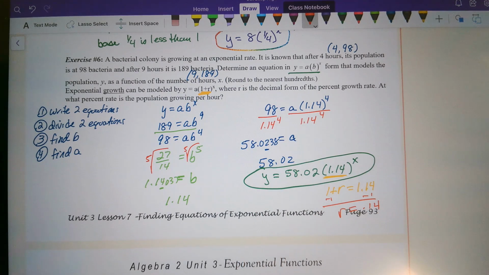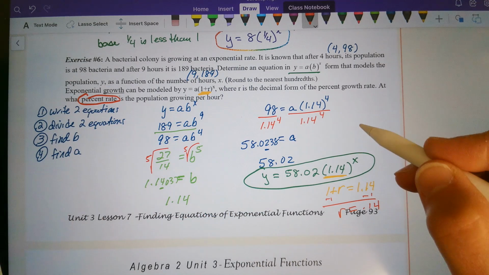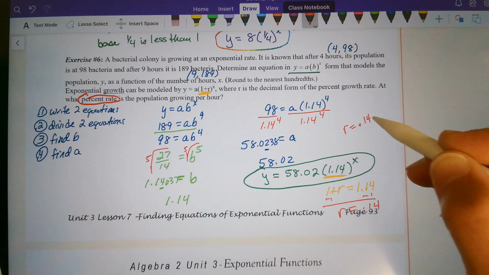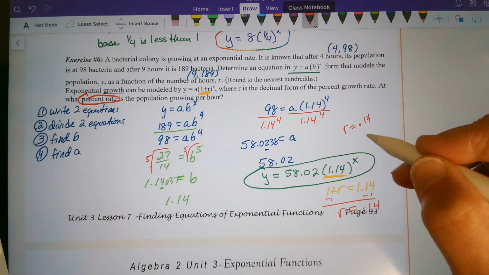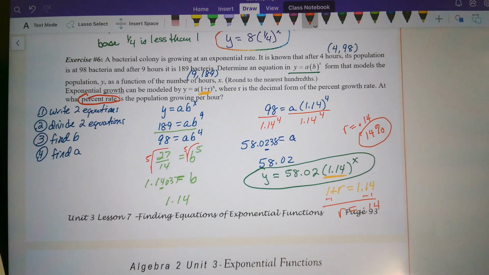R is the decimal form of the percent growth. We want a percent rate though. Okay, so r equals 0.14. 0.14 as a percent is 14%. So we answered both pieces, the equation and then the percent rate of growth, 14%.